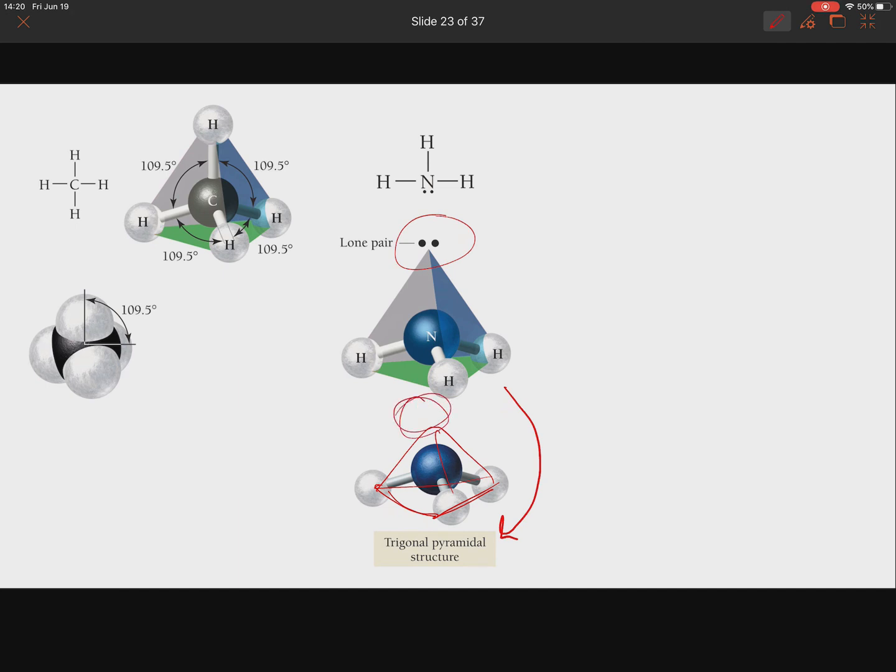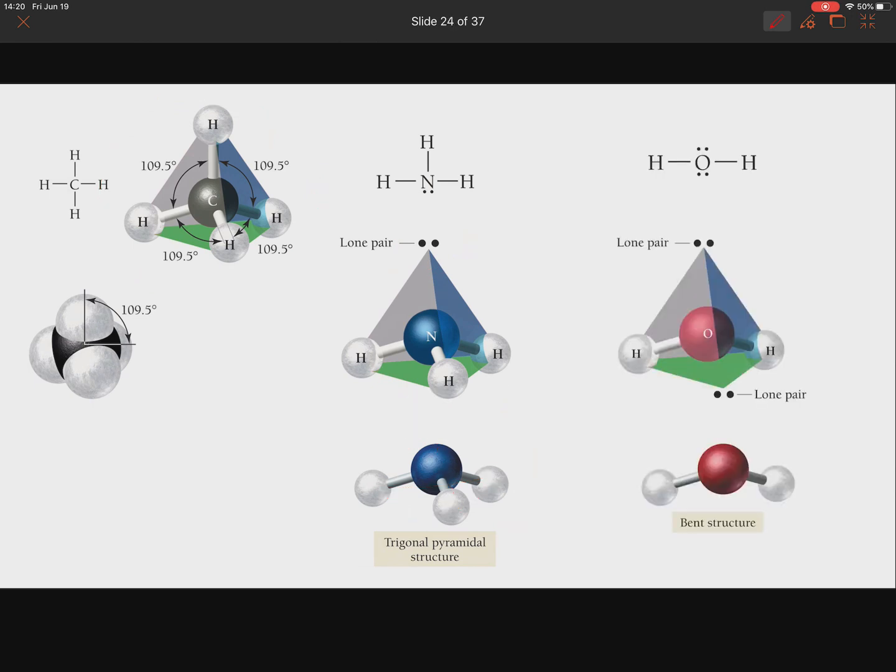If there was another atom at the top, it would look like this and be called tetrahedral. The third kind is when we have 2 lone pairs. So again, 4 bonding pair, 0 lone pair, 3 bonding pair, 1 lone pair, 2 bonding pair, 2 lone pair.